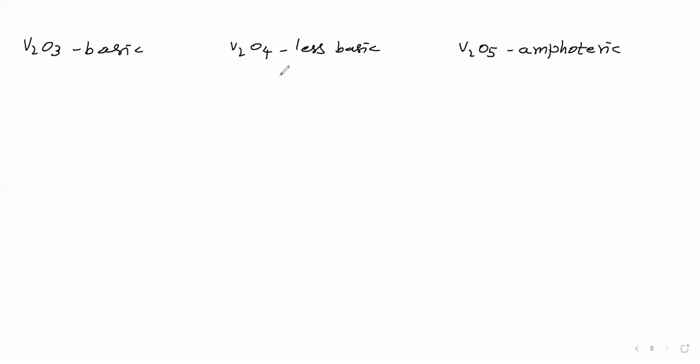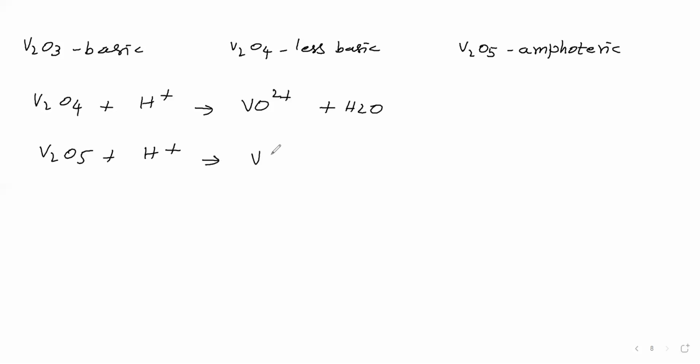Now, let's see. V2O4 reacts with acid to give VO2 plus and water. V2O5 reacts with acid to give VO2 plus and water.